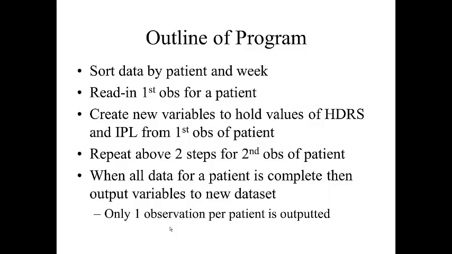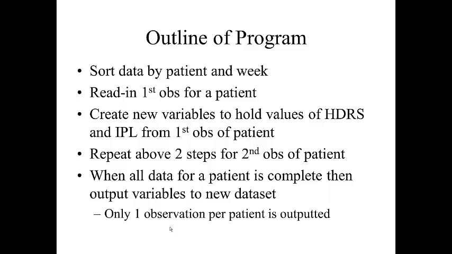So the program is going to flow as follows. First of all, we're going to sort our data by patient and week. Then we are going to read in the first observation for a patient and create new variables to hold the first HDRS and IPL values.